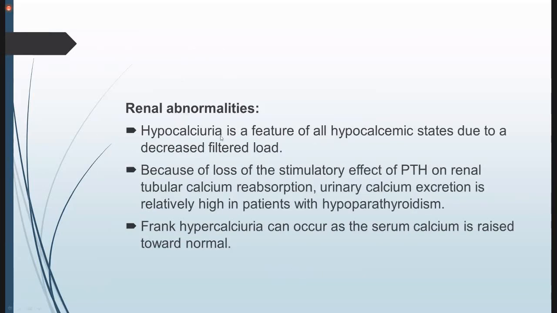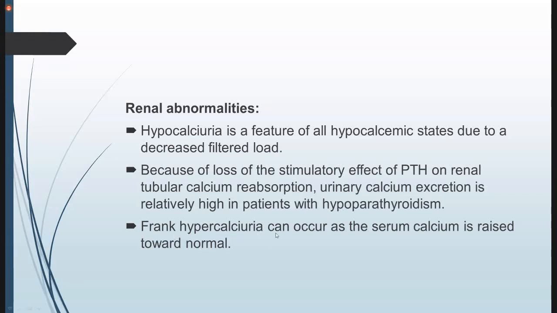Coming to the renal abnormalities, there can be hypocalciuria due to decreased filtered load. But because of the loss of the stimulatory effect of PTH on renal tubular calcium reabsorption, urinary calcium excretion is relatively high in patients with hypoparathyroidism and can actually lead to renal stone formation if you replace that low calcium with a higher dose of calcium.